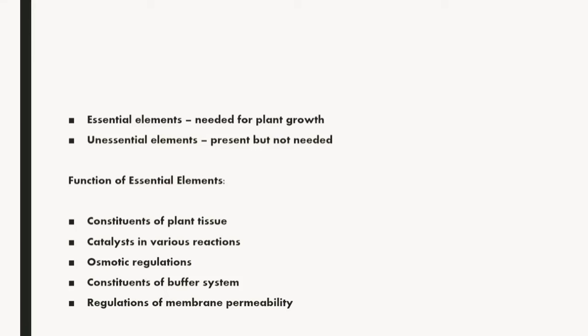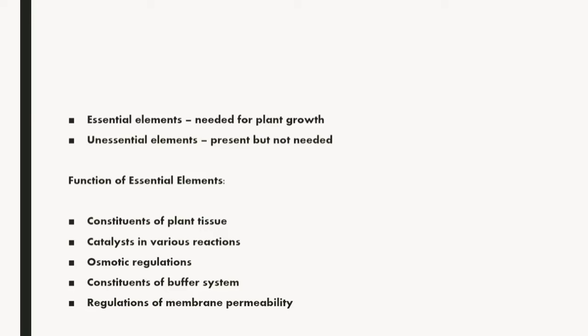Essential elements are needed for plant growth; they are chemical nutrients vital for the successful growth and development of an organism. Unessential elements are present but not needed.